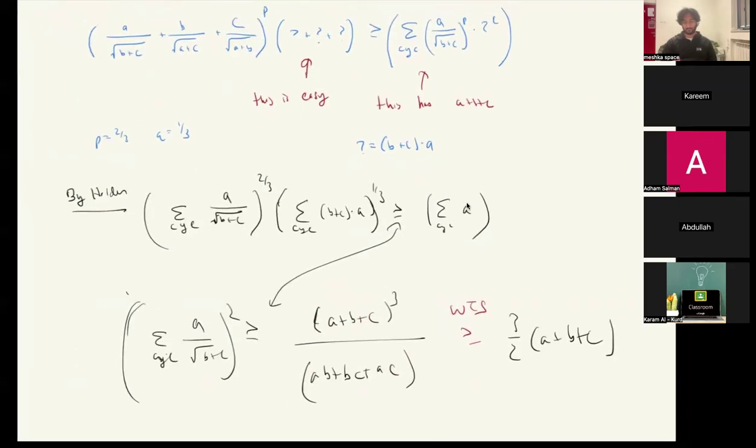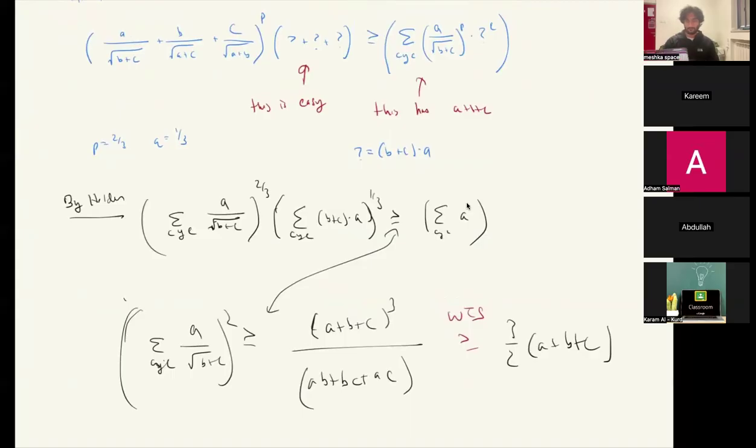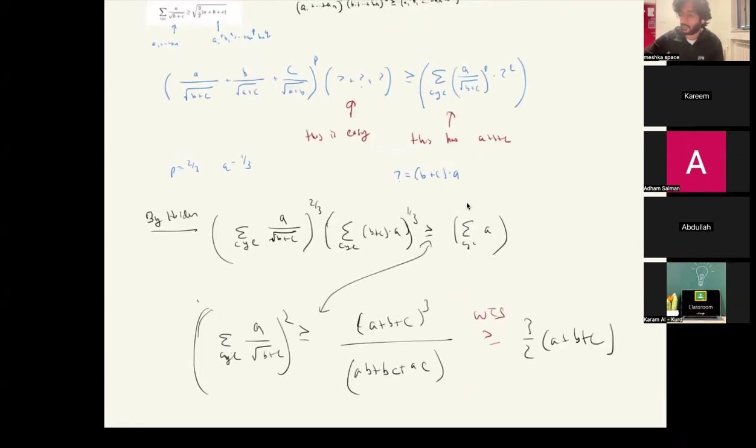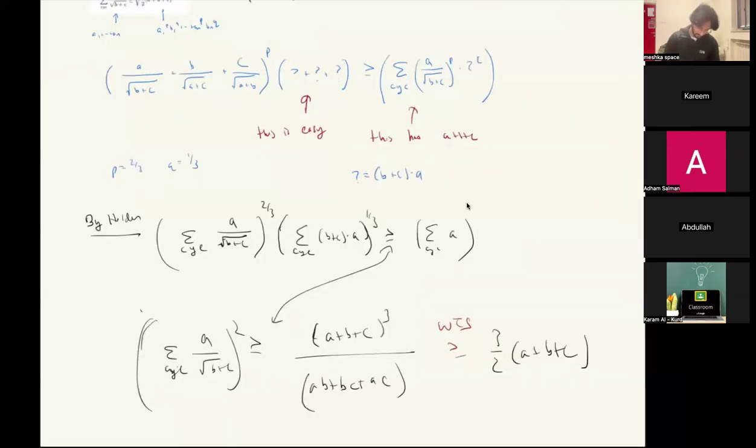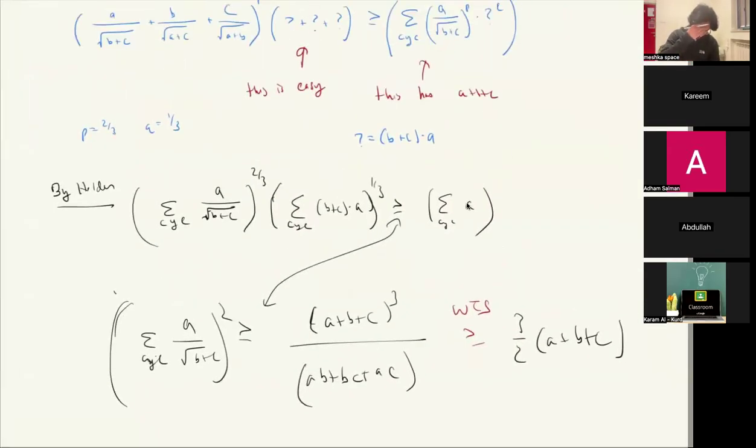I think the right-hand side, the denominator must be 2 times, 3 times basically. 2 or 3. I think 2. Oh, you're saying I lost a constant somewhere, right? Yeah, let me just see. Where did we lose the constant?